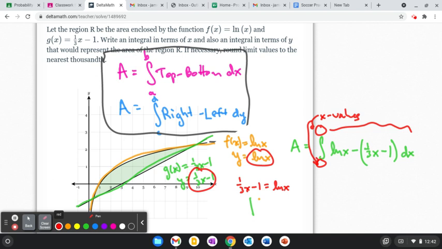So let's go ahead and pull out our graphing calculator and just plug those two functions in. You can do this too while I'm doing it. ln of x, and then we've got 1/3 x minus 1. Graph it.